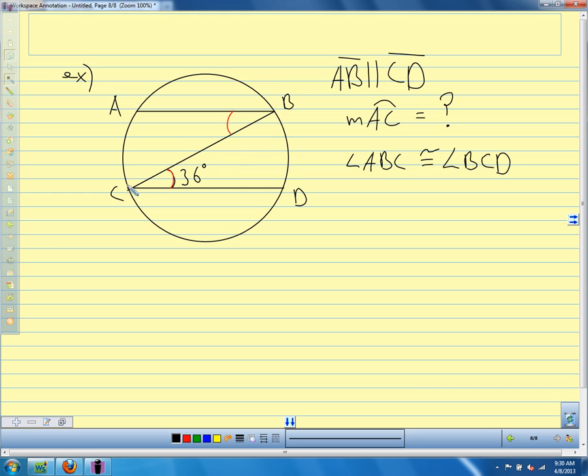This is our transversal. Are they on the same side or opposite sides of the transversal? Opposite. So they are alternate. Interior. They're between the parallel lines. So they're alternate interior angles. So we know that this angle is 36 degrees also.